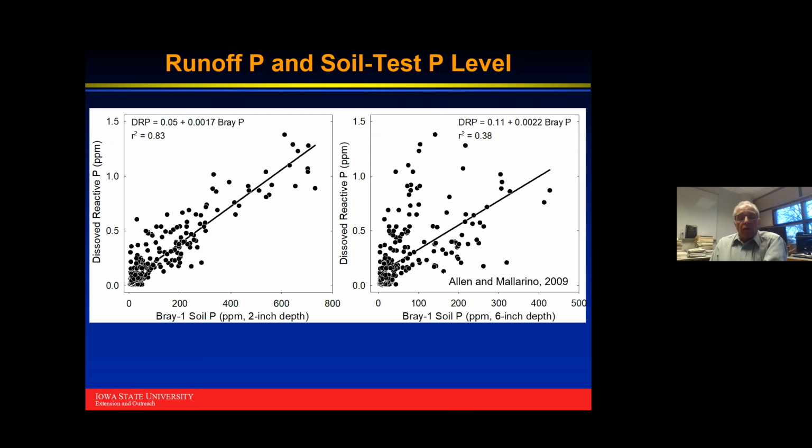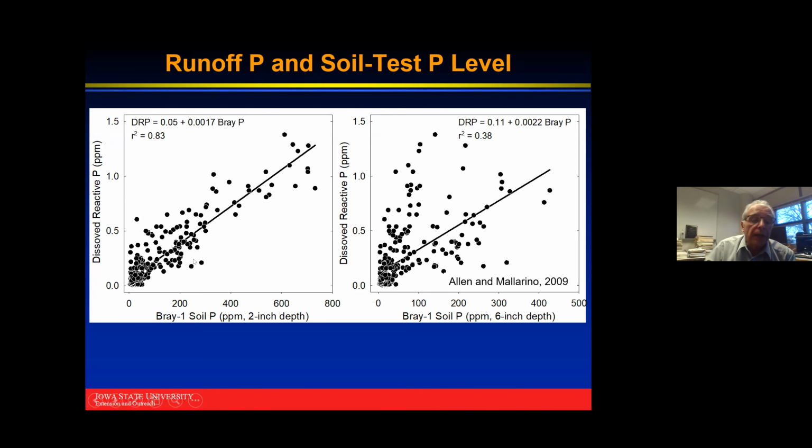We have known for a long time that there is a relationship between soil test P and the dissolved P loss with surface runoff. This is some data that we got here in Iowa years ago, and shows that this is across many tillage systems.